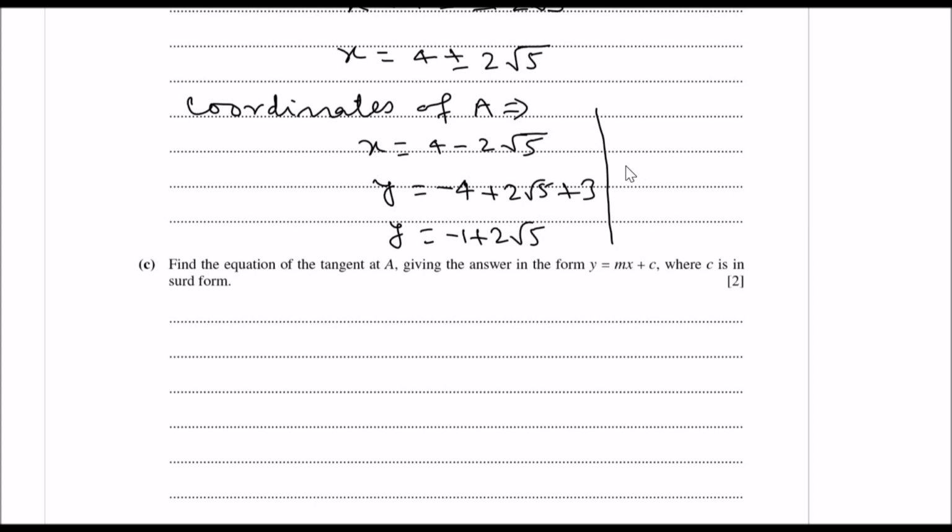So your point is: x coordinate 4 minus 2 root 5, and y coordinate is minus 1 plus 2 root 5. This is A. Okay. Answer.